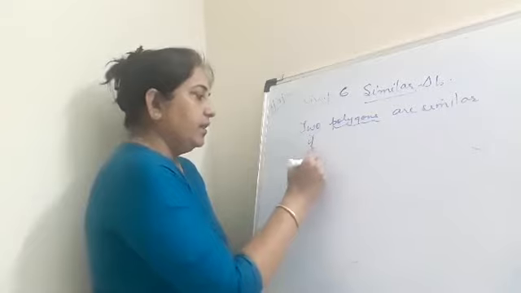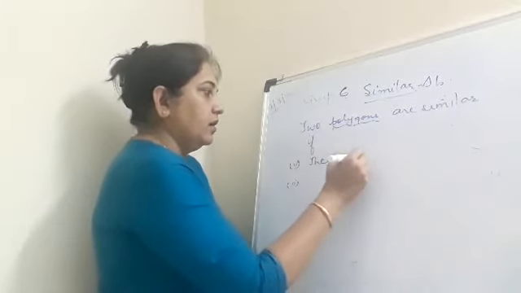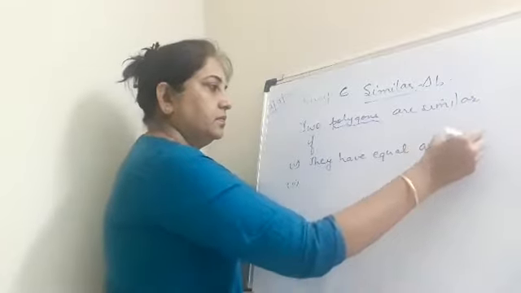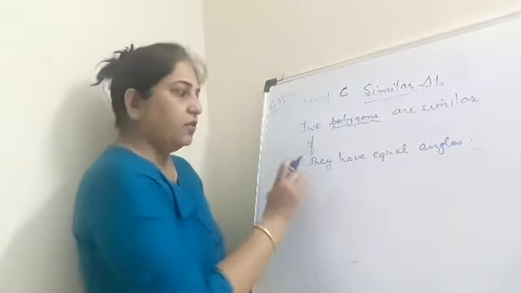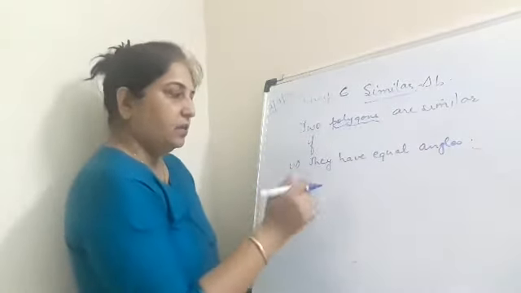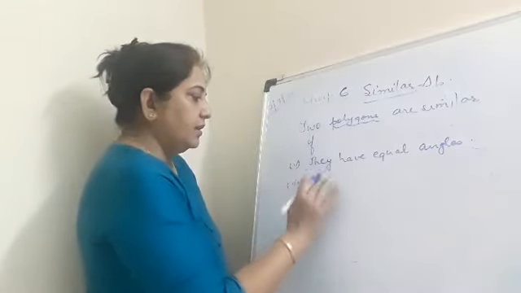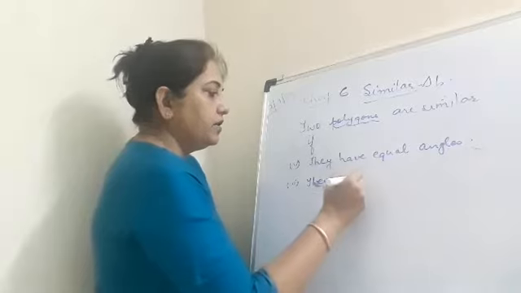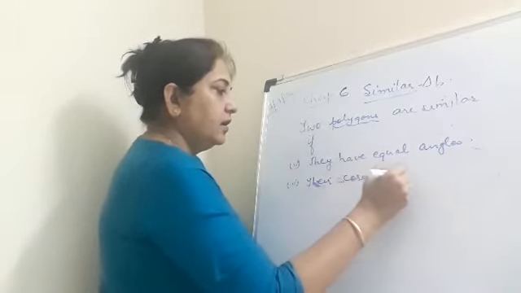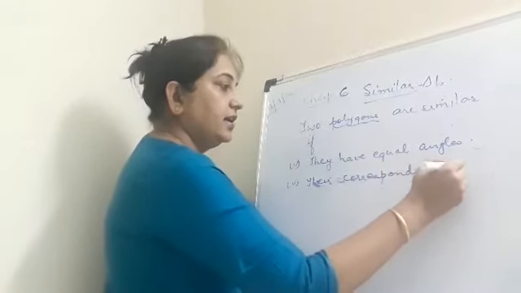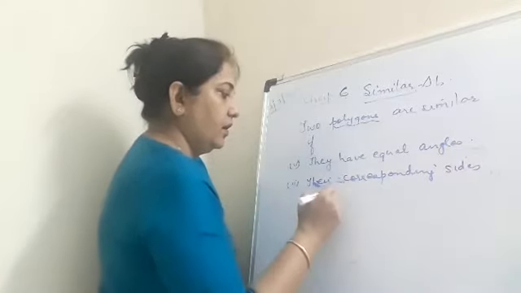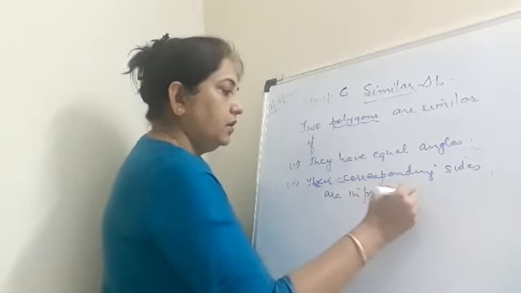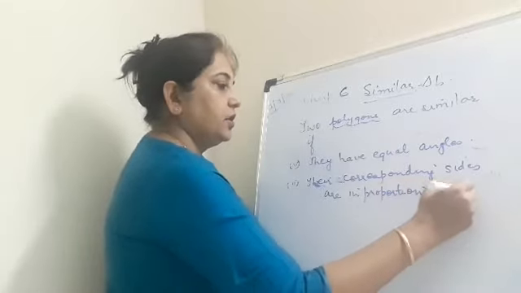Two polygons, or two triangles, will be similar if, number one, they have equal angles, their corresponding angles are equal, as I showed you just now, and number two, their corresponding sides are in proportion to each other.